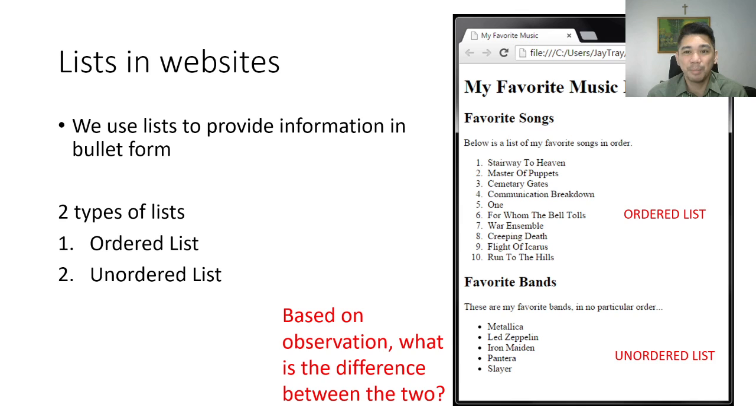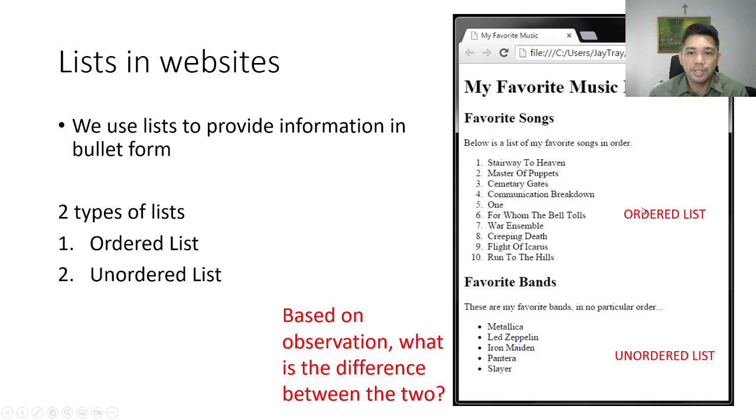So I want you to pause this video and isipin ninyo, ano yung na-observe nyo na difference between the two? Siguro maiisip nyo ng mabilis kung ano yung sagot because the answer is very obvious. The first one, it has numbers. So each line has a numbering and the number is in sequential form. However, the second one, kahit nakalista siya, hindi numbers yung marker, but rather they are bullets. Okay?